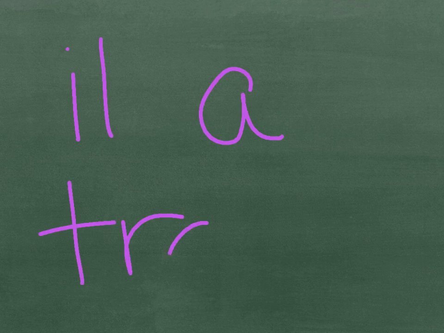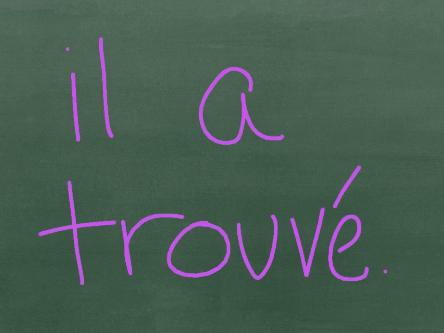What if we wanted to say he didn't find anything? We'll start with he found. Il a trouvé. We have he found. We're going to sandwich it around the form of avoir again.